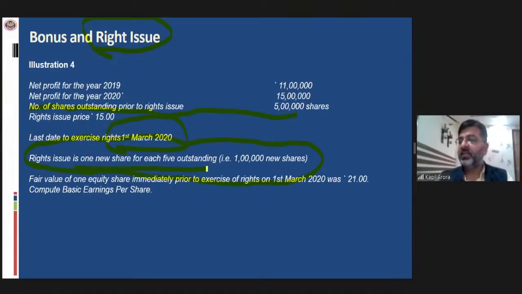Right? When we have done right issue for every 5 outstanding shares, how many right issues are we doing?